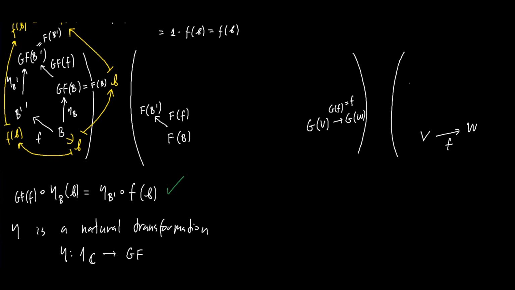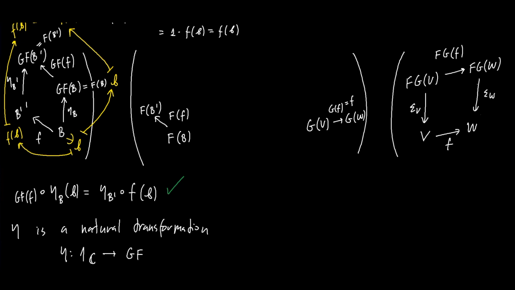And then we build the vector spaces of formal linear combinations on both sets, and we get our evaluation maps, epsilon V and epsilon W. And on this side, we have the FG of F. And now I need to do the same thing.